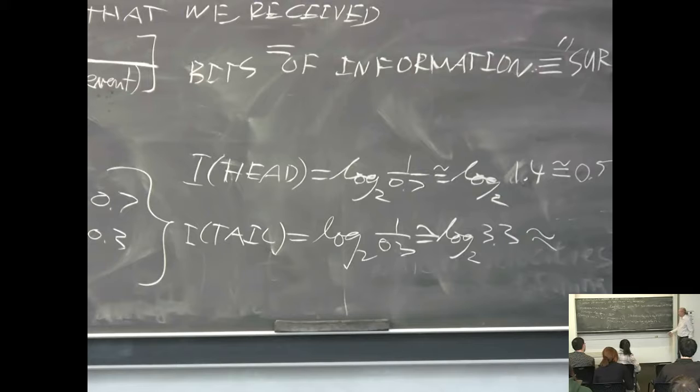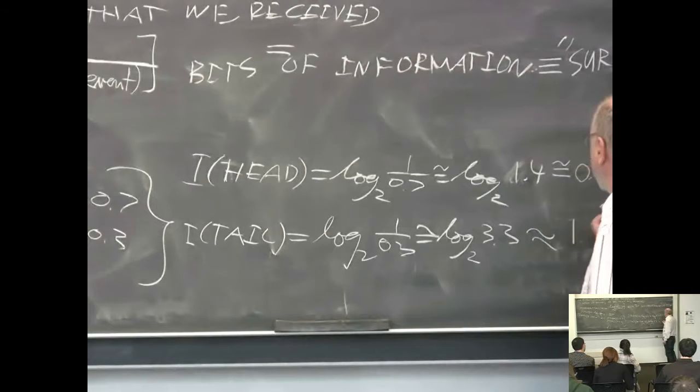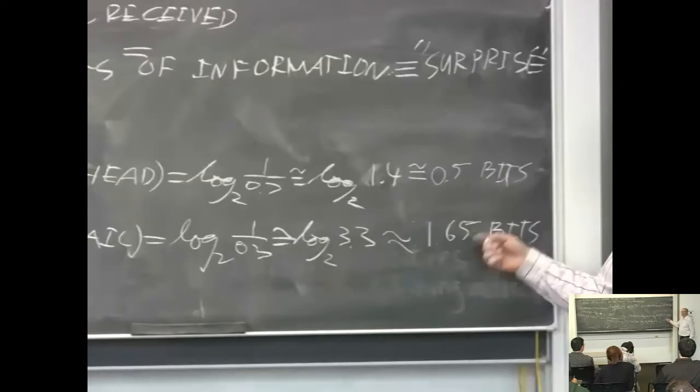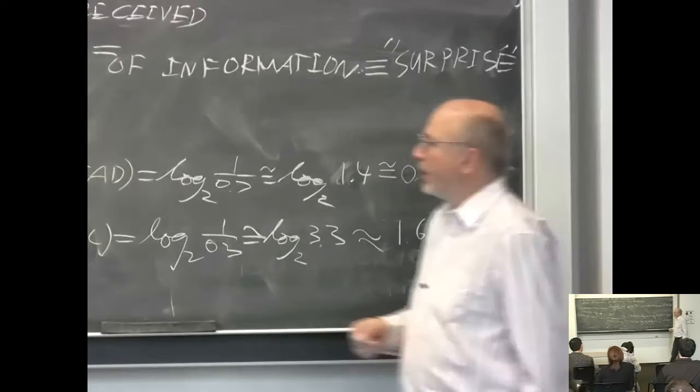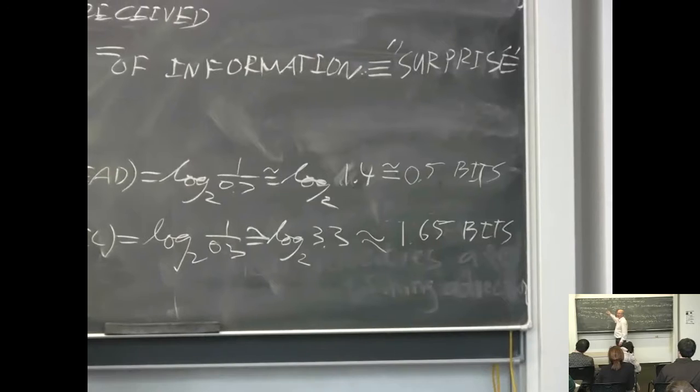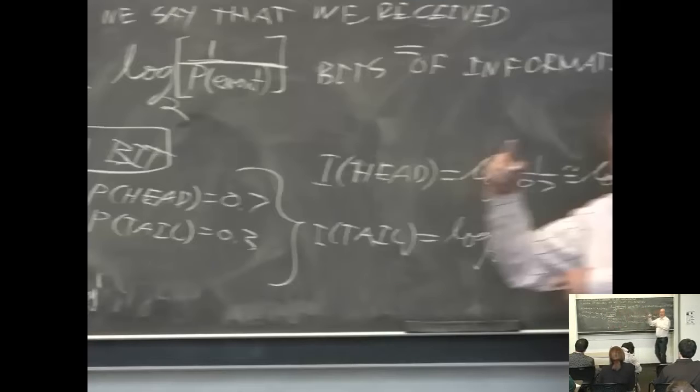Maybe 1.7. All right, 1.65, shall we compromise? The important thing to notice here is, A, they're different. B, they're different than what we got here, which is always 1 bit. They're on both sides of the 1 bit.